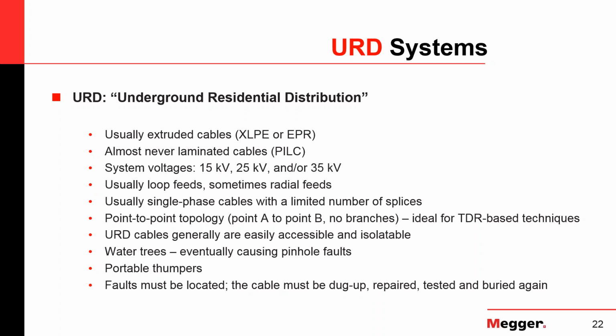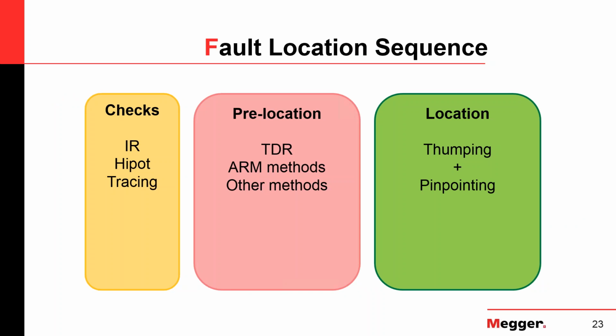If you are interested in fault location in branch networks, Mr. Derek Smith, the area sales manager for the East Coast for the cable products at Megger, did a webinar fairly recently solely on fault location on downtown and branch networks. So you may want to go there if you're interested in the other side, and when you want to see what the differences are between the URD and the downtown networks.